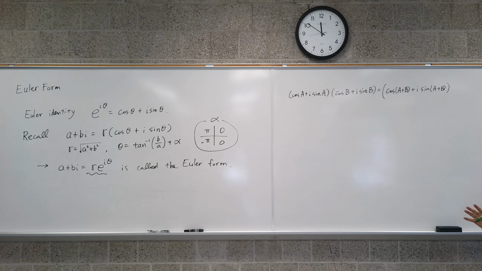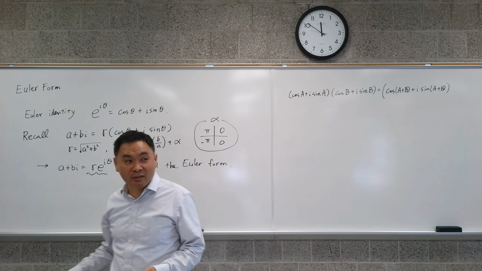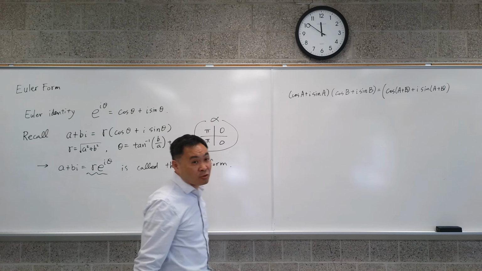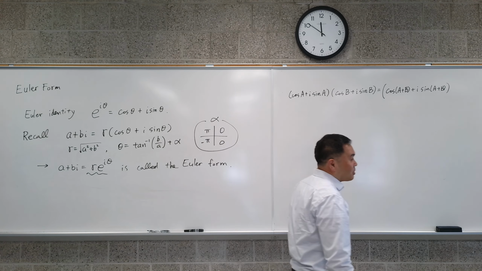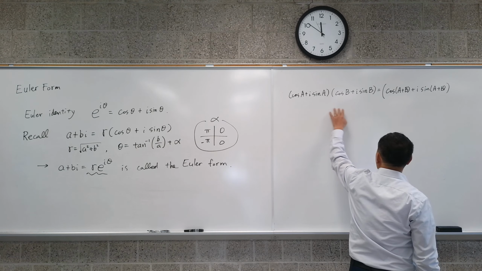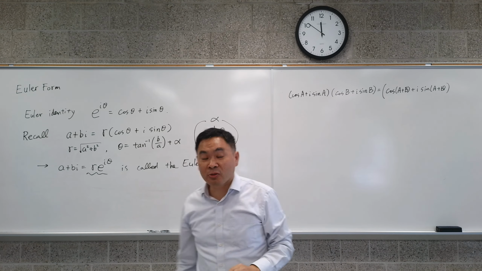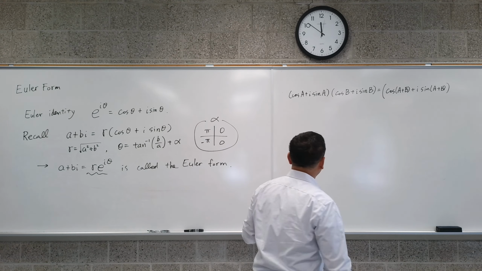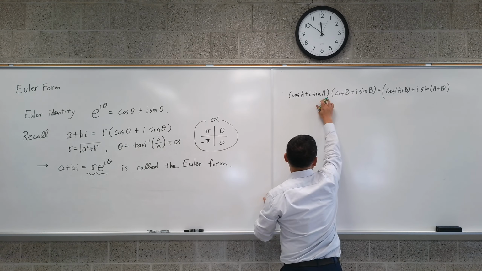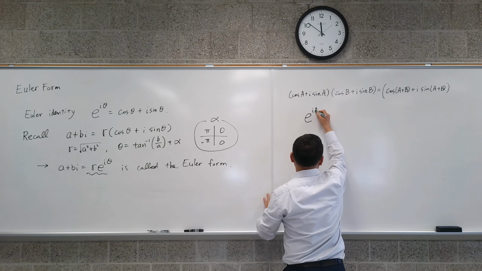And I had to use geometry and the transformation of points and all that to explain why that was true. And that looked quite complicated because you see so many sines and cosines. But see how simple it is if you wrote the same thing in terms of the Euler form. See, what is the Euler form of this? e to the iA, right?